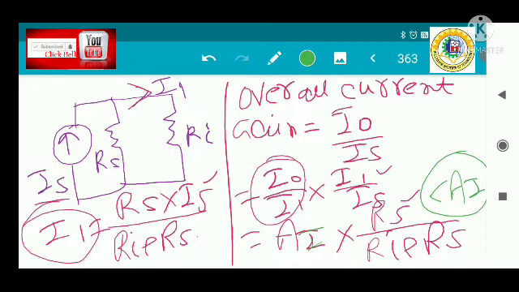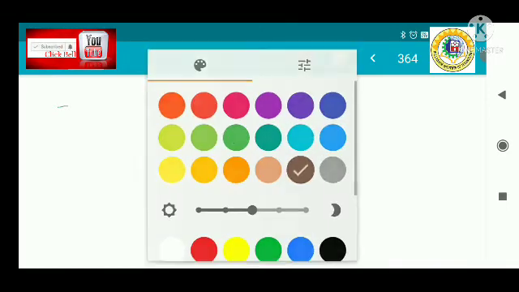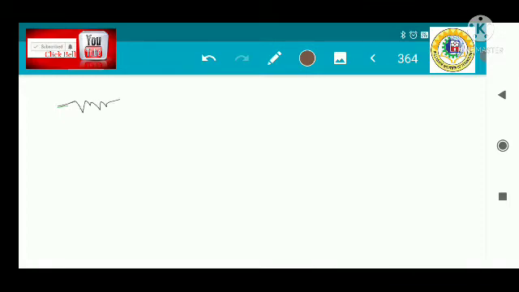So next, the last parameter we want to calculate is output resistance. Now in the calculation of the output resistance, one minute, I am just drawing the hybrid model.